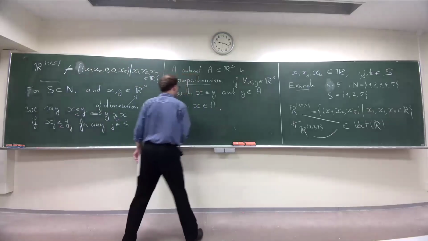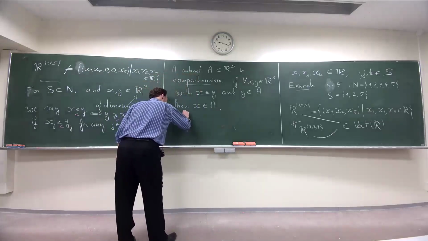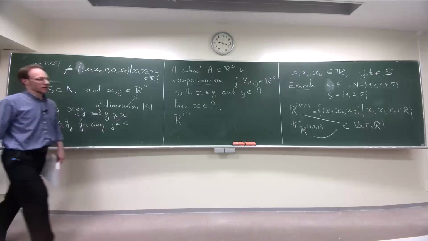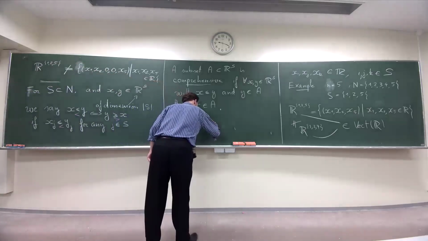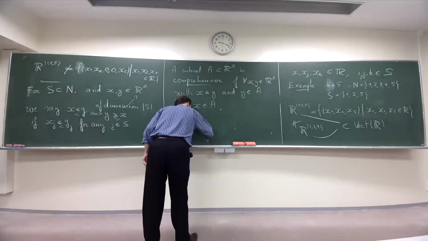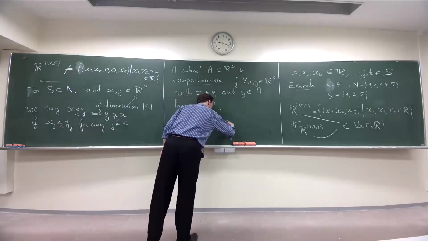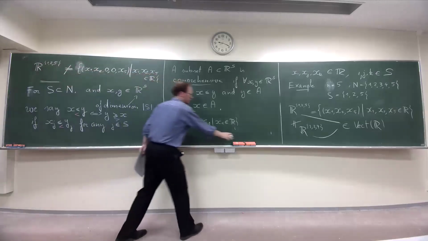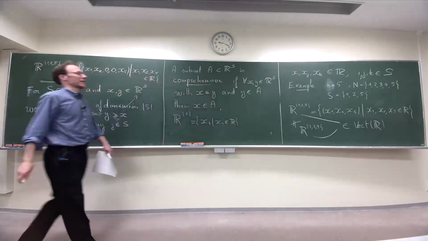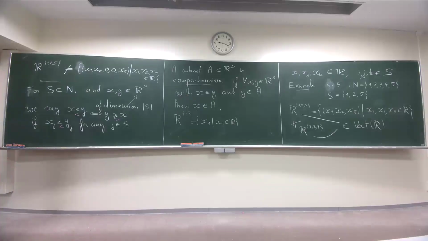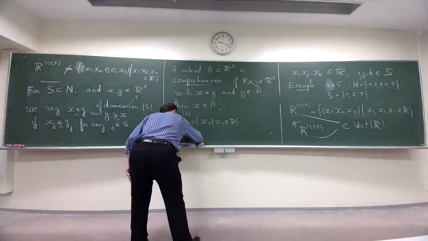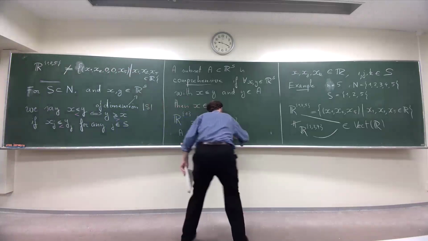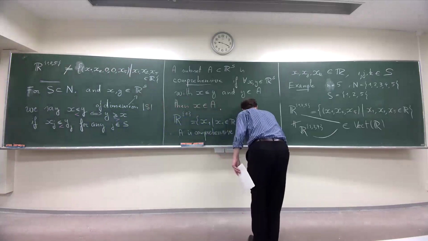Let's do the simplest example. If I take R^1, which is just the set of x_1 for x_1 real, so this is just a vector space of dimension 1. What is a set which is comprehensive? This is the simplest case. A is comprehensive if A has a very specific form.